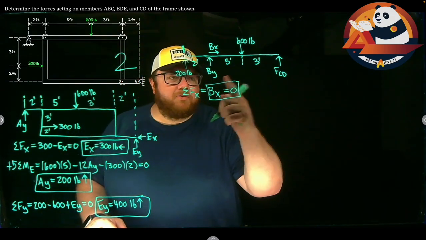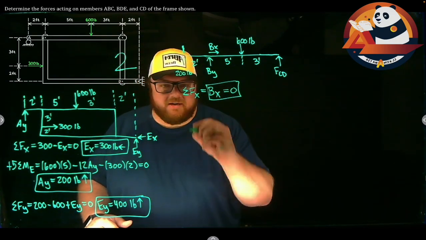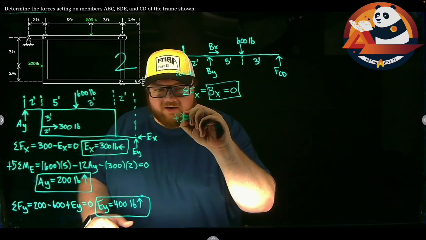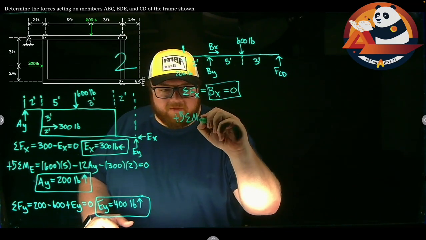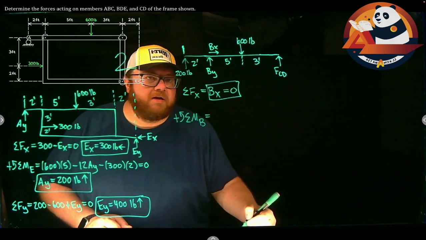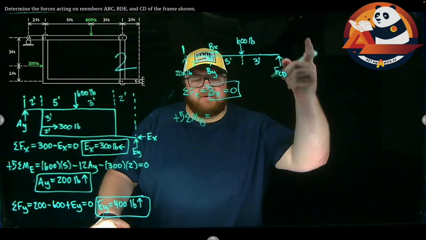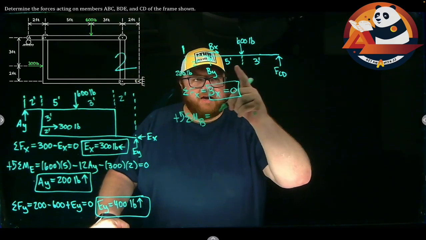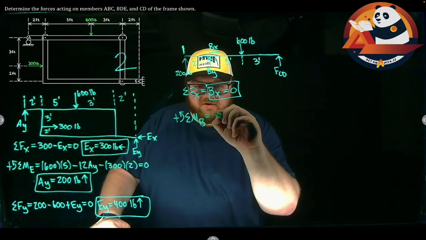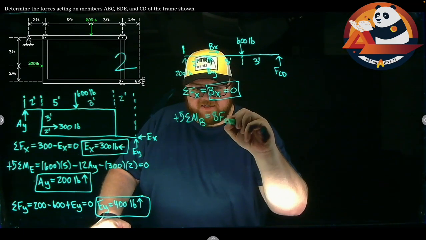But I still have 2 unknowns in the Y direction. Let's do moments instead. So let's take positive as counterclockwise, and I'm going to sum up my moments about point B. So that's going to get me, FCD will cause a counterclockwise rotation, and it's 5 plus 3, 8 away. So 8 FCD.